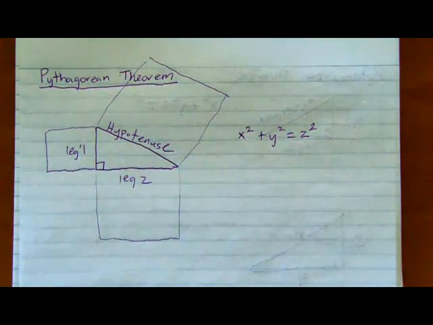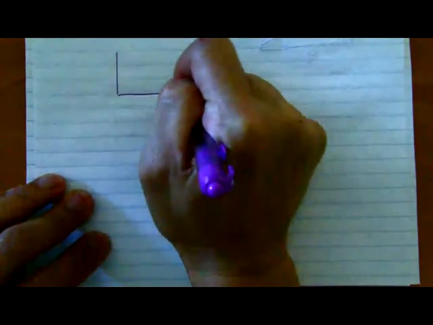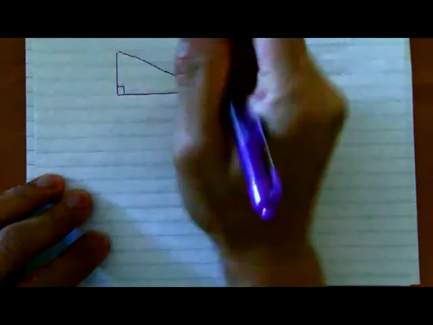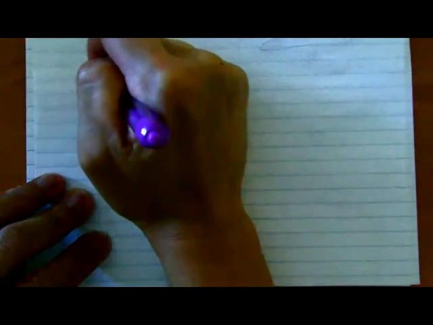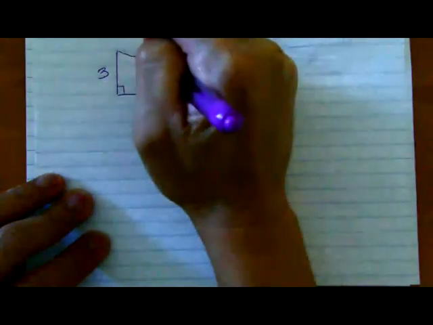Let's try a problem. Okay, let's start off easy. You have a right triangle. This leg has a length of 3. This leg has a length of 4. We need to find the length of the missing side.